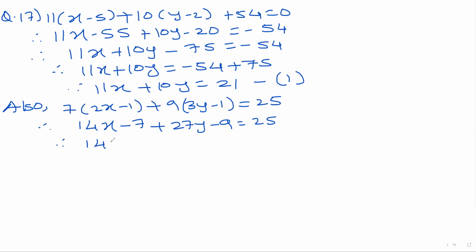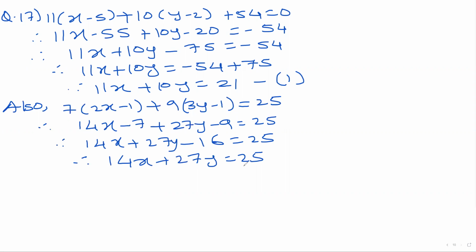So what do you get? 14x plus 27y minus 16 is equal to 25. Are you following or not? Yes, sir. So you get 14x plus 27y is equal to 25 plus 16. So you get 14x plus 27y is equal to 41. This is equation 2.